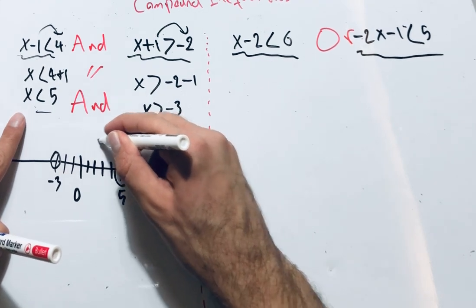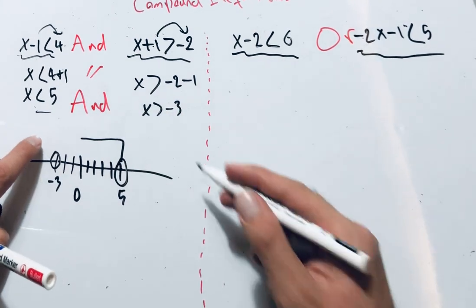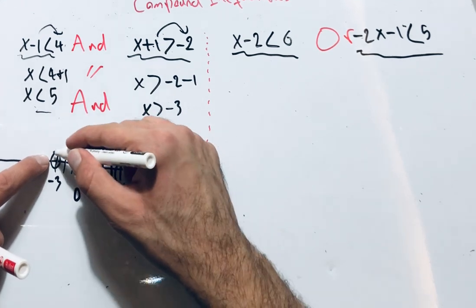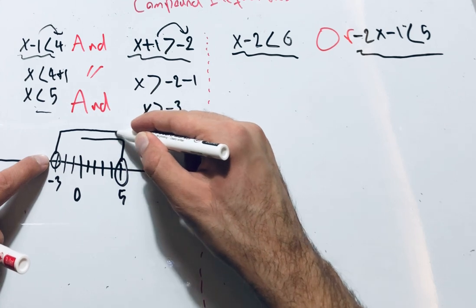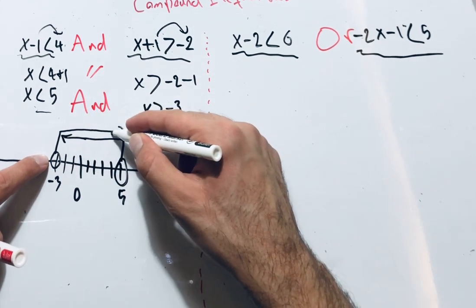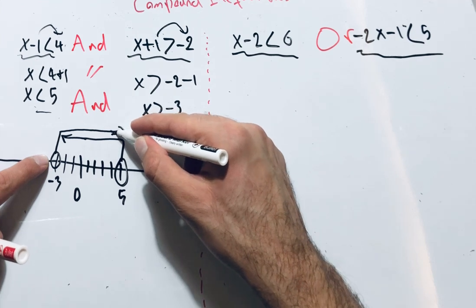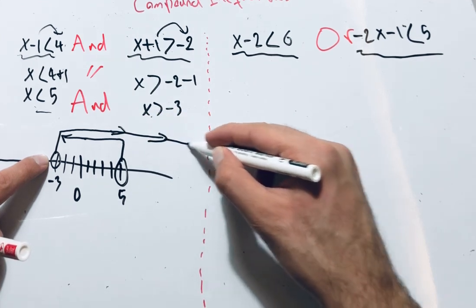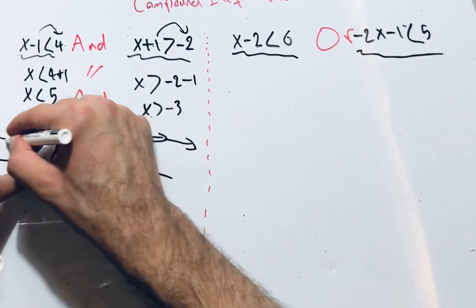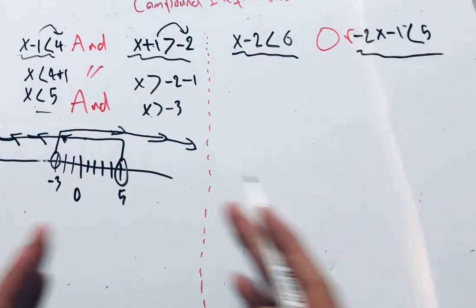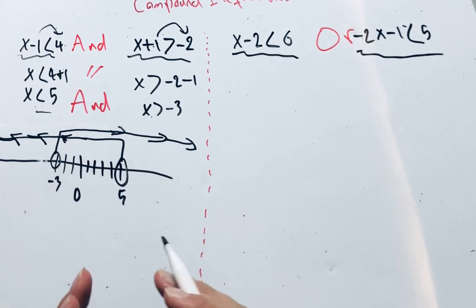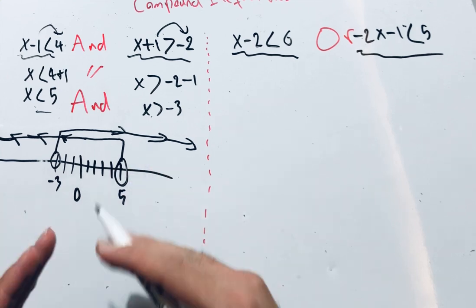The other one says x is larger than -3, so this one is going to the right side. This keeps going, and this keeps going.